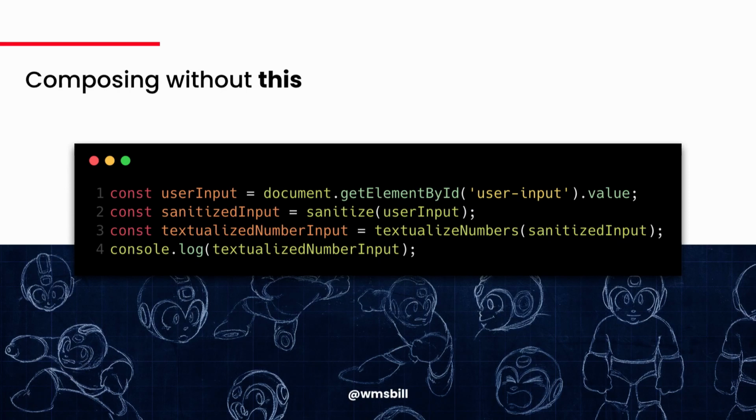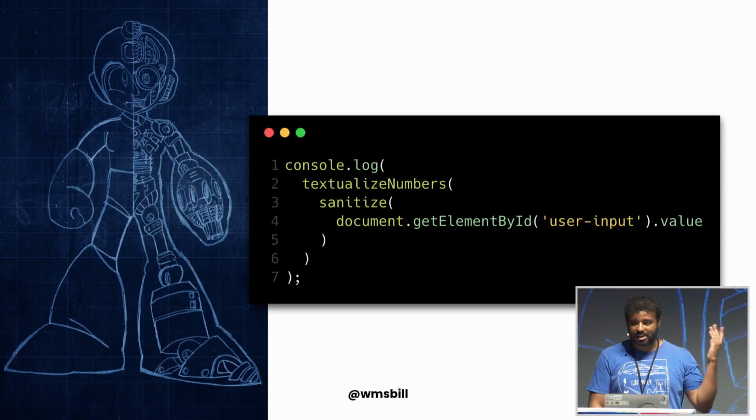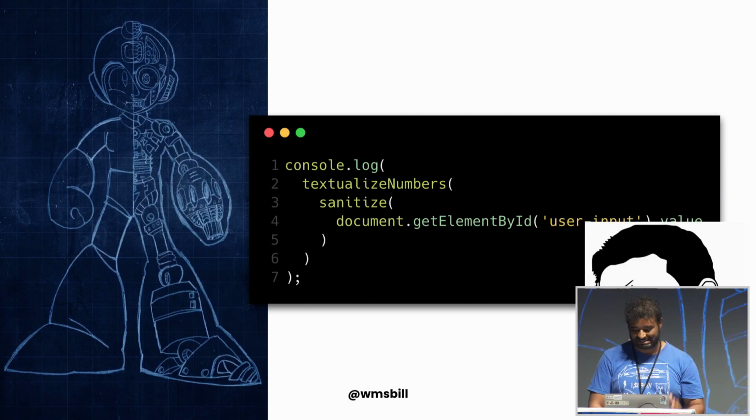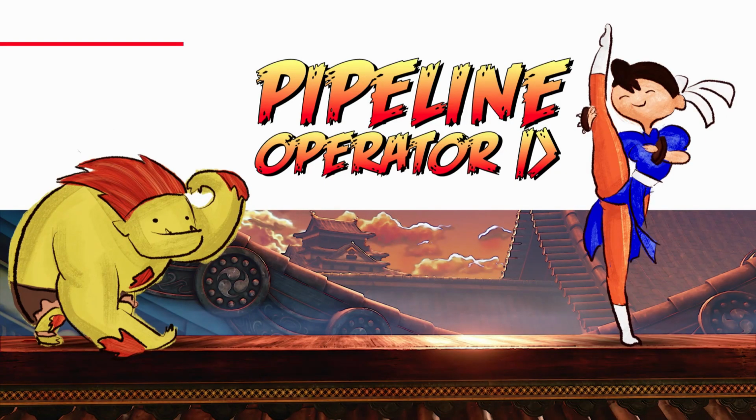And I think someone can say this could be written without using these variables, but it will look more or less like this. It could be tricky because we may have a lot of nested functions, one inside the other. I don't like this. So to solve this problem, I want to present to you the second proposal.